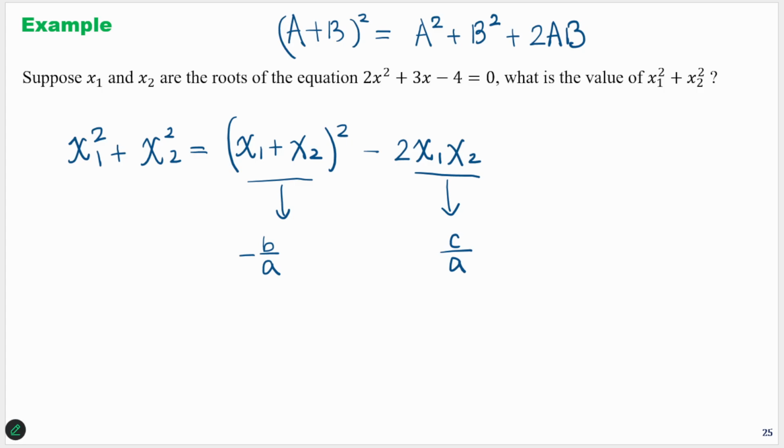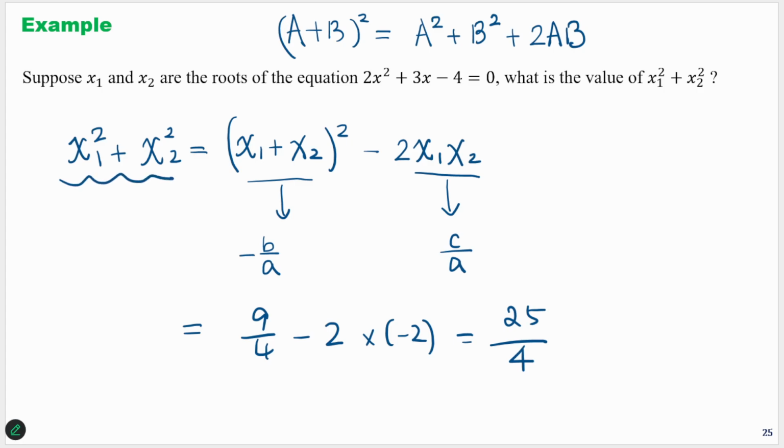Is it 9 over 4? 9 over 4 is x1 plus x2 squared, right? But I didn't do the other half, sorry. I should continue on. I'm not done yet. Okay, that's 9 over 4 minus 2 times negative 2, right? That's 25 over 4. One sec, let me just complete it. That is x1 squared plus x2 squared.